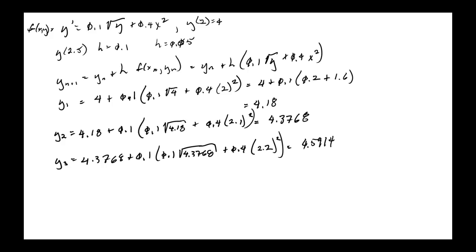and hit equal. Now, they wrote down 4.3768, but your screen carries it out as many digits as you got. So I would take that number that's on your screen, save it to some place in your computer, and then start with that whole number.